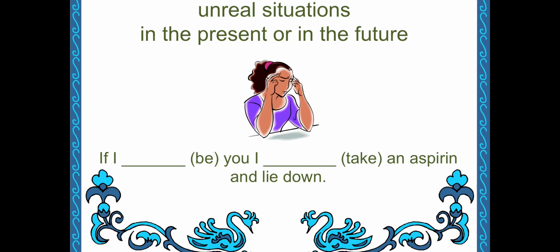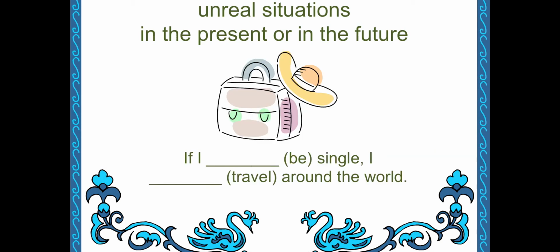If I am... No. Don't forget that you have to use past simple next to the if clause. If I was... Don't forget that in second conditional, the only form of past in verb to be is were, ¿vale? Siempre vas a usar were en second conditional. So, if I were you, I would take an aspirin and lie down. Thank you, princess. Let's go with Sara Camacho. Go ahead, princess.